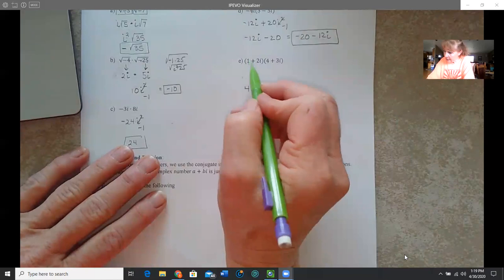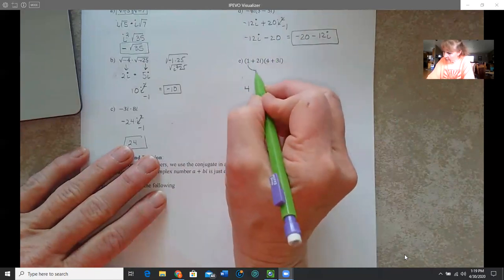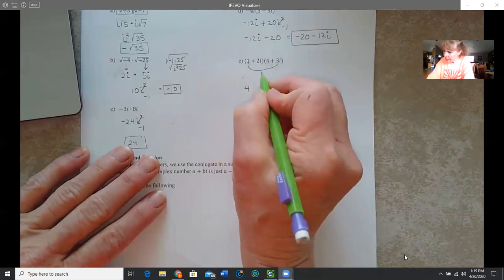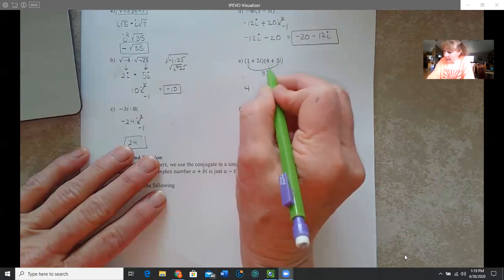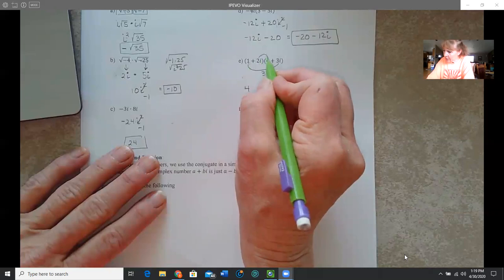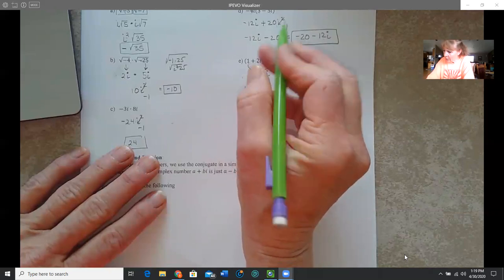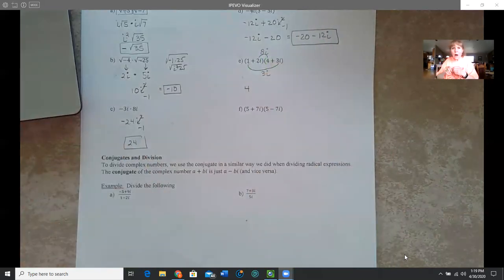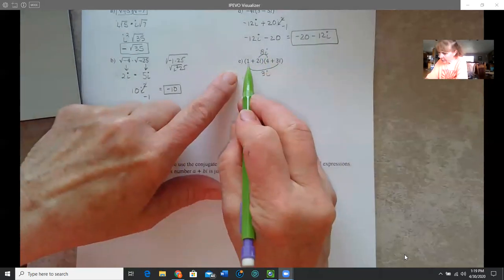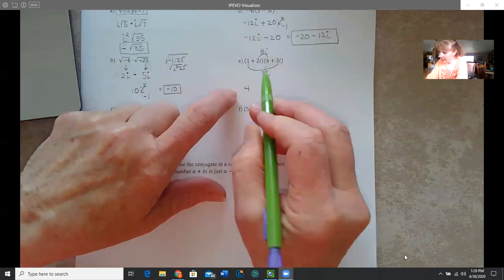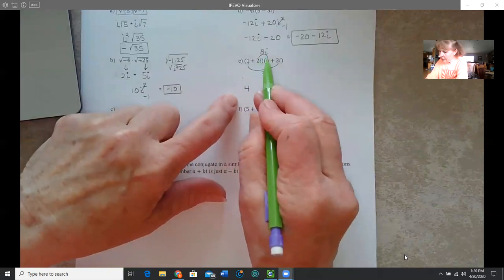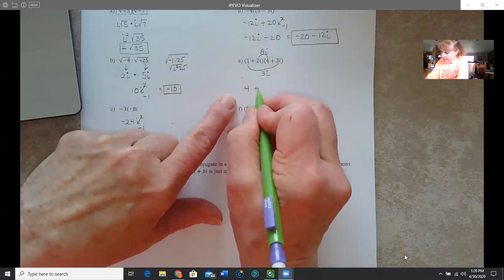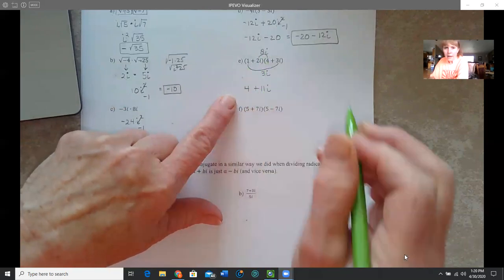Then the outsides, 1 times 3i is 3i. The insides, 2 times 4 is 8i. So I'm using the FOIL, I'm on the OI now. I did the first times the first, the outside and the inside. When I combine these, I get 11i. There's my OI in the FOIL.